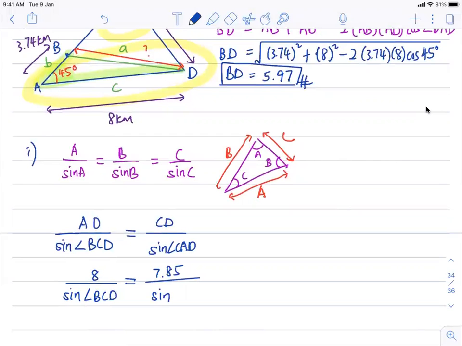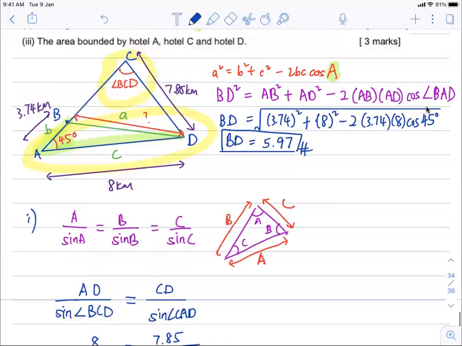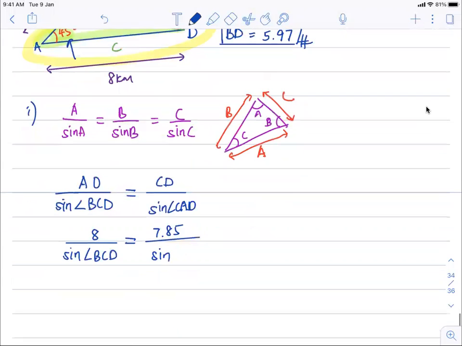Sine angle CAD. Angle CAD is 45 degree. Okay, now we can type into the calculator. We'll get angle BCD equal to 46.11 degree.